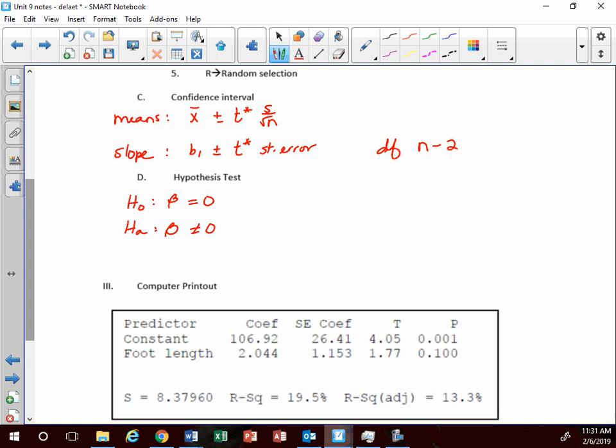So a little side note here, we use beta equals 0 because this means no association between x and y.